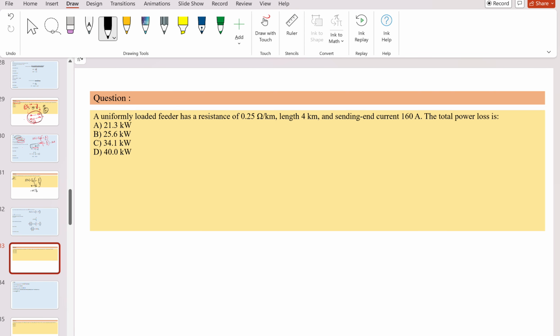It is written that there is a uniformly loaded feeder, which has resistance of 0.25 ohms per kilometer, length 4 kilometers, and sending end current is 160. You have to find out what is the power loss.